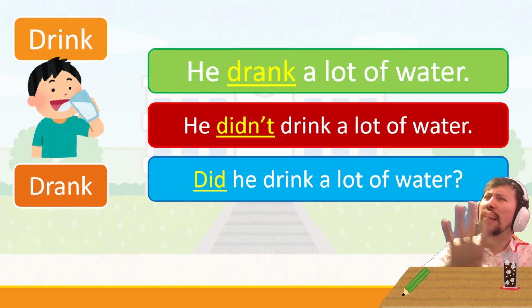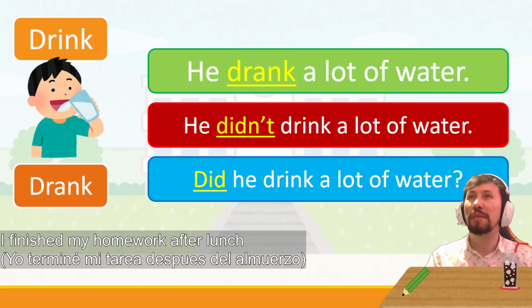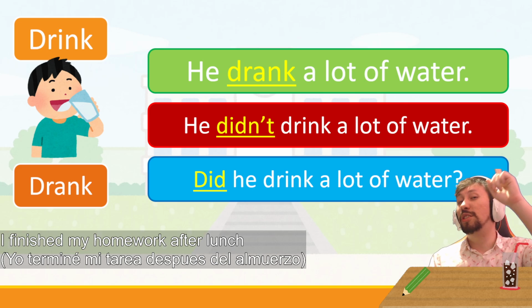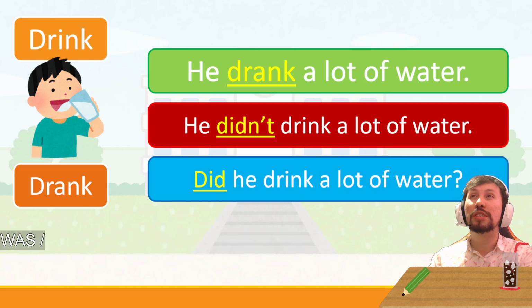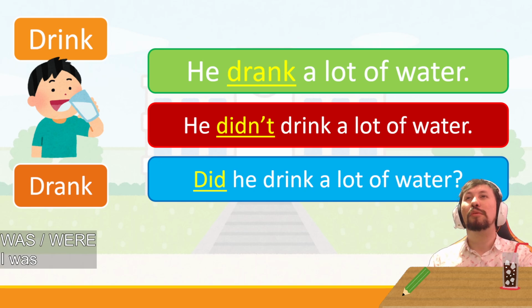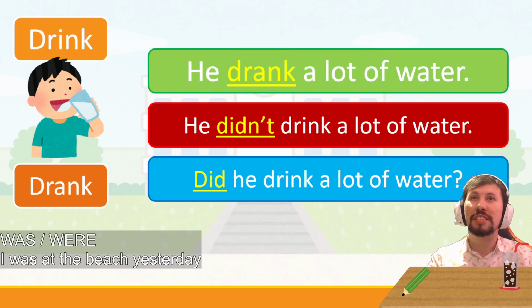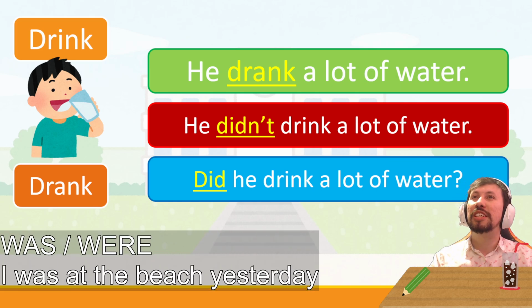Yes. Now, just a disclaimer. Maybe this is a little confusing, so let me write something here. These do not apply to was and were. They have a different structure. I was at the beach yesterday.